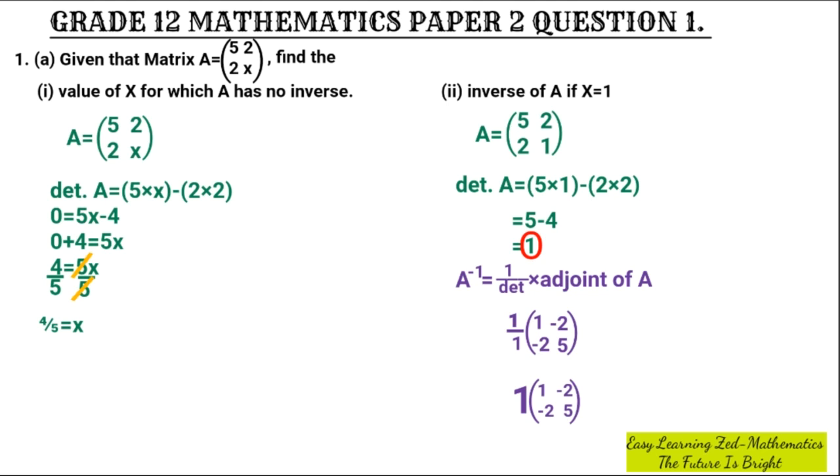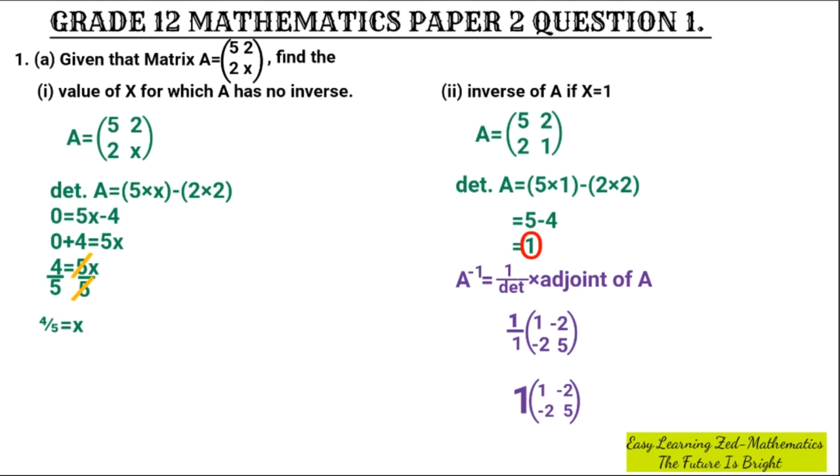First I evaluated the fraction, and now I have come up with 1. So 1 divided by 1 gives me 1, multiplied by the adjoint of matrix A, which is 1, -2, -2, 5. Now we have a scalar number, but we can still simplify this expression by multiplying 1 by each element of this matrix.